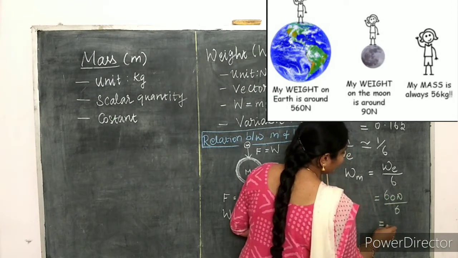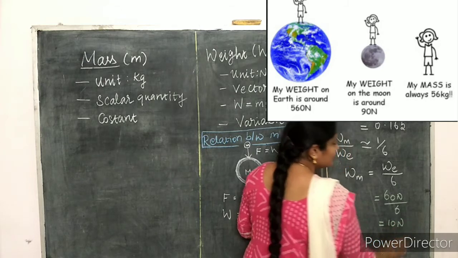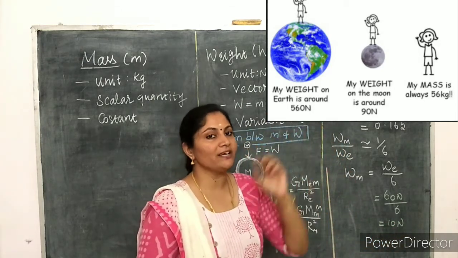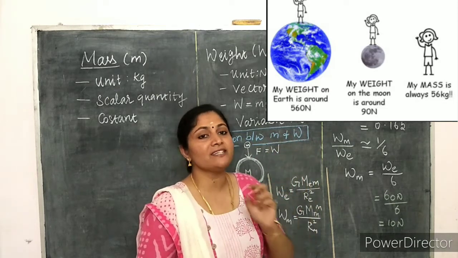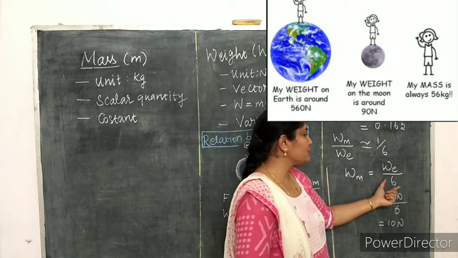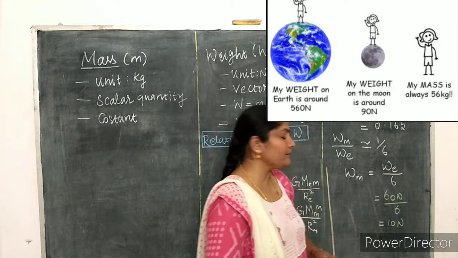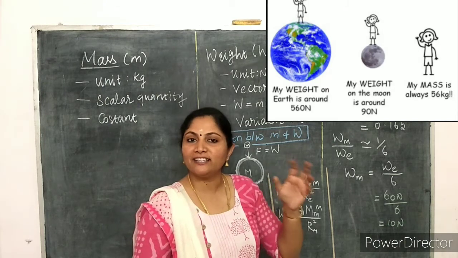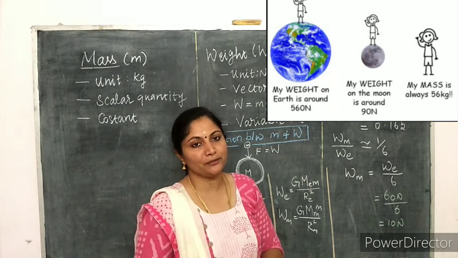So that will give what? 10 Newton. If an object's weight on earth is 60 Newton, the question would be what its weight on the moon is. For that we should use the formula We by 6, that is equal to 10 Newton. Okay, so the weight of that object on the moon will be 10 Newton.